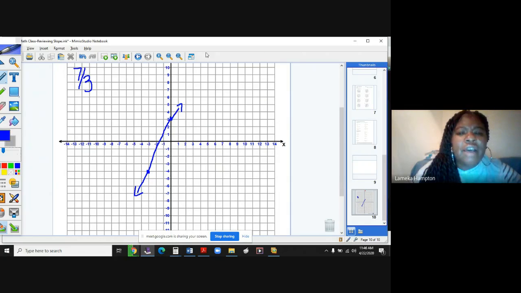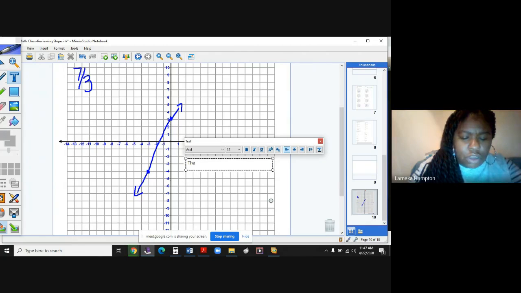So now we have to find the y-intercept. And remember, I'll write it down here somewhere. The y-intercept is where the line crosses the y-axis.